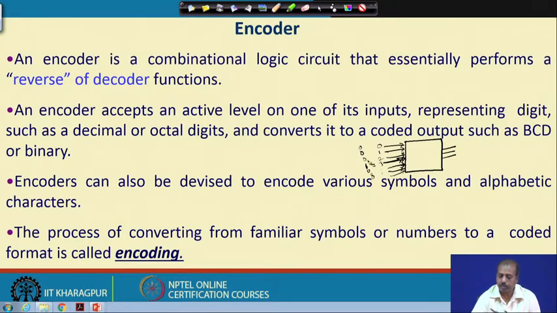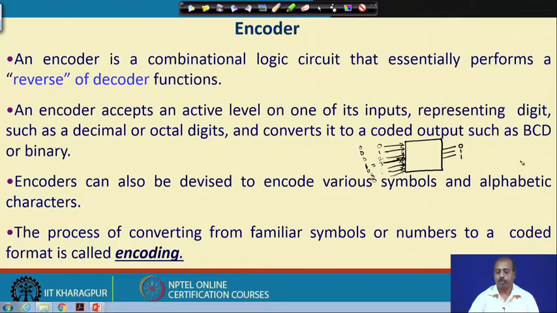Then on the output side, what will happen? It will output the bit pattern 0 1 1, telling that input 3 has been made high. So, this is actually encoding the input number which is active now. That is how the encoder works.